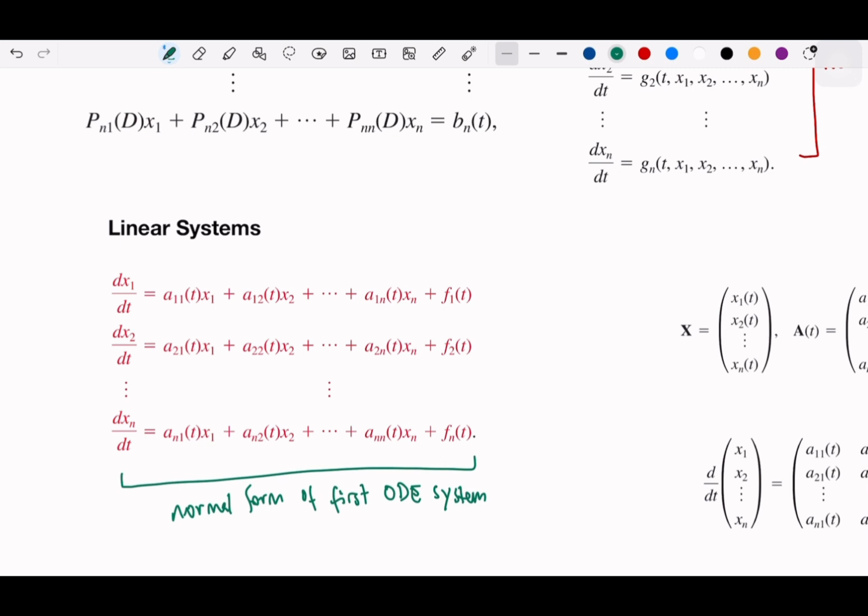And simply, this is just a linear system.